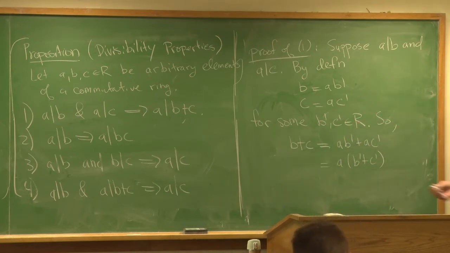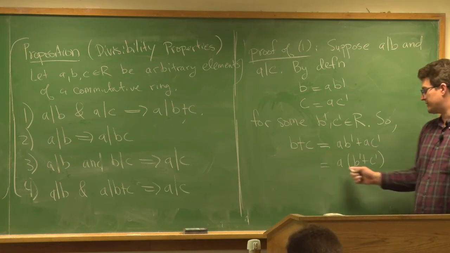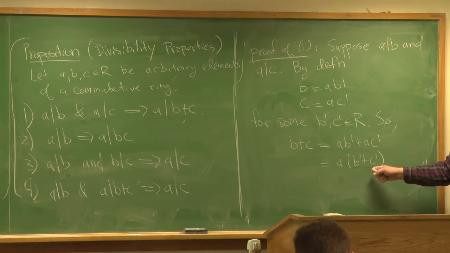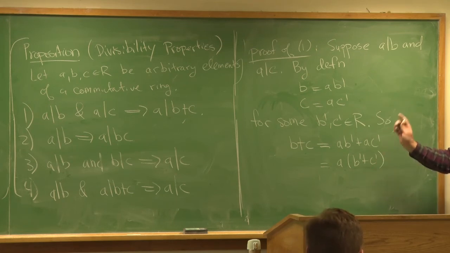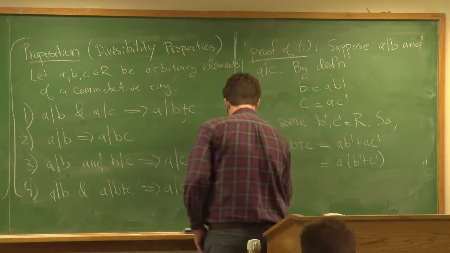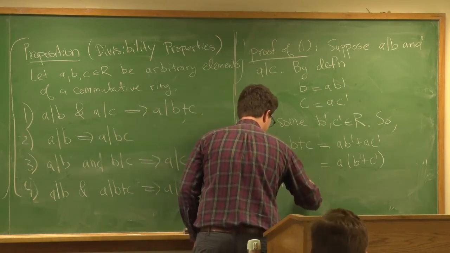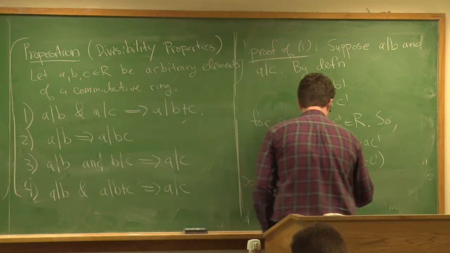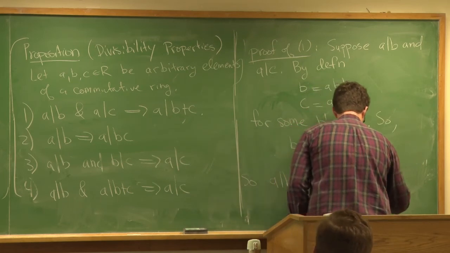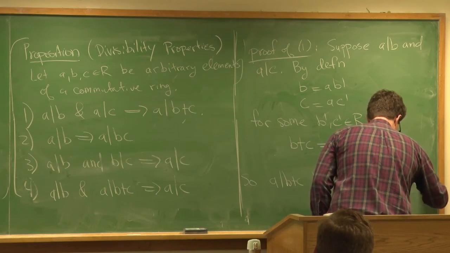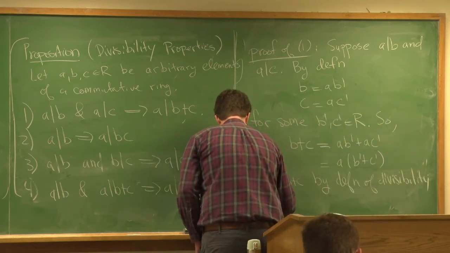So now this shows that B plus C is divisible by A because it looks like A times some stuff. That's the definition of divisibility. And so we're done. A divides B plus C by the definition of divisibility. And we are done.